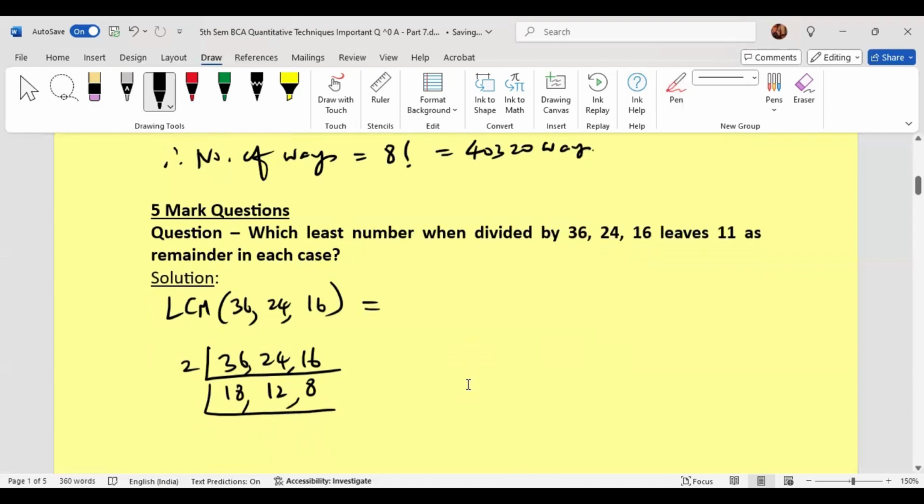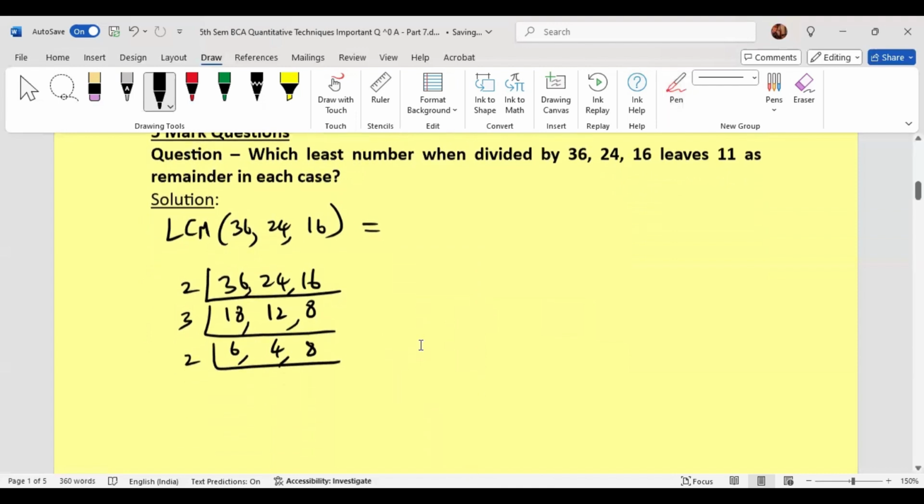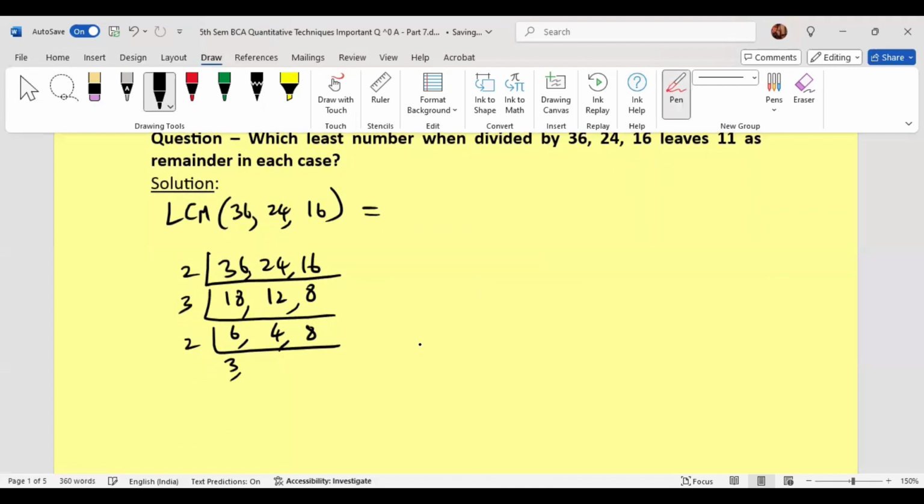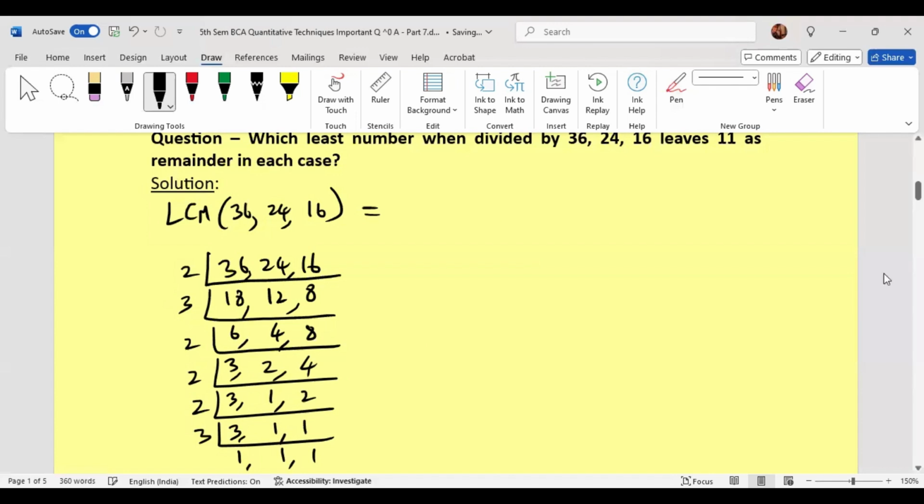Now we will consider 3. 3 6s are 18, 3 4s are 12. 16 is not divisible, so we will write it as it is. Now considering 2: 2 3s are 6, 2 2s are 4, 2 4s are 8. Considering 2 again: 3, 1, 2. Considering 2 again: 3, 1, 1. Considering 3 now: 1, 1, 1.